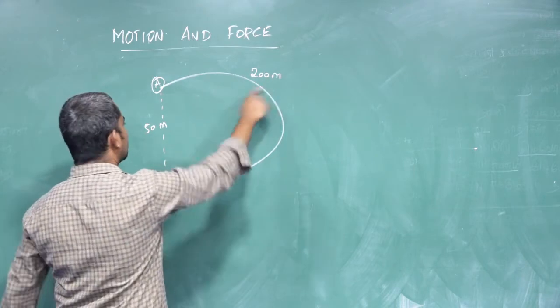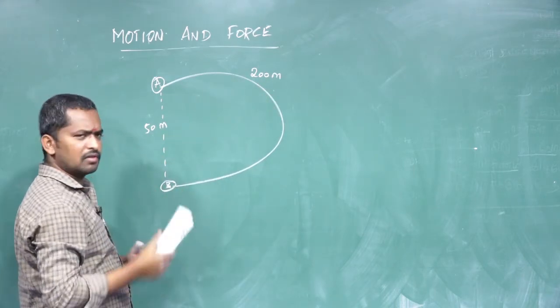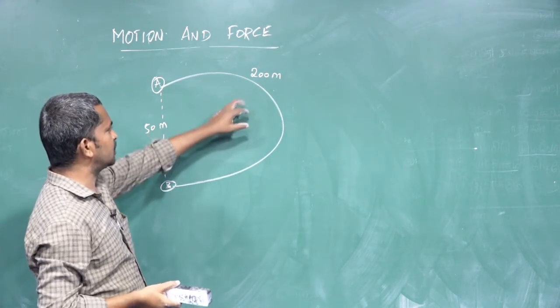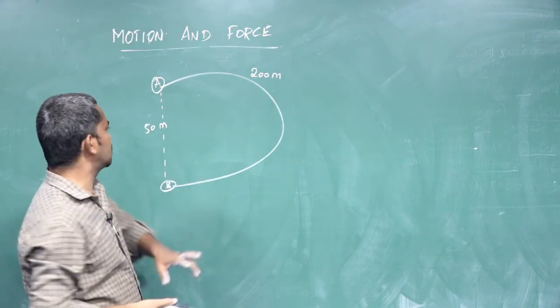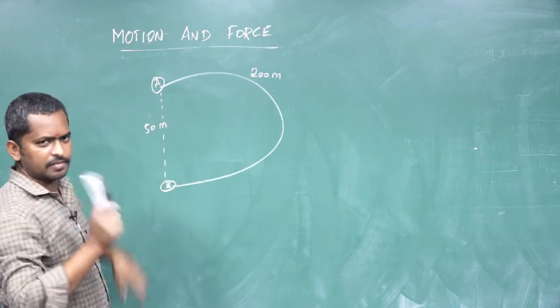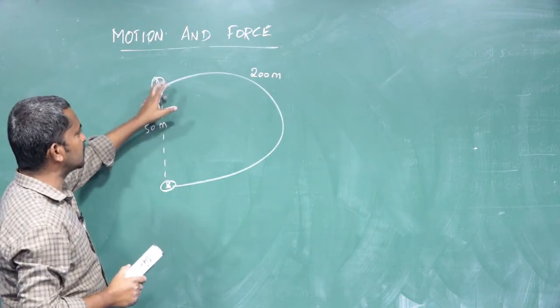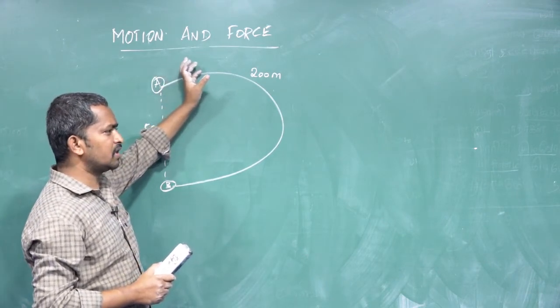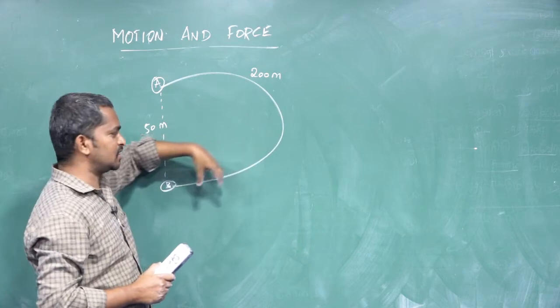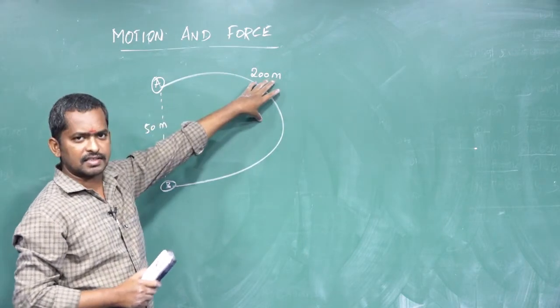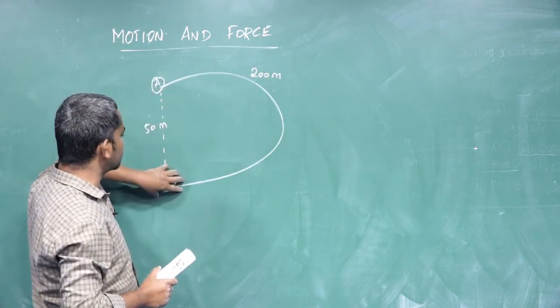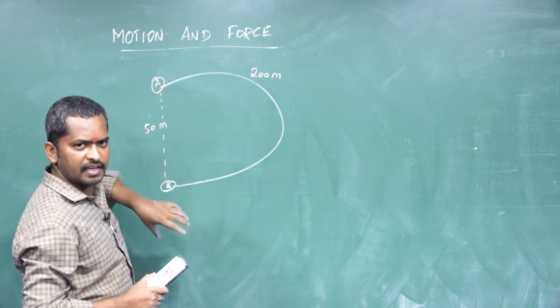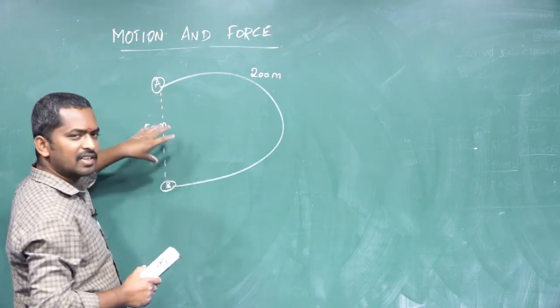You know well, here 200 meter is distance and 50 meter is displacement. The actual length of the path the object covers is called distance. The shortest distance between the initial and final position is displacement.